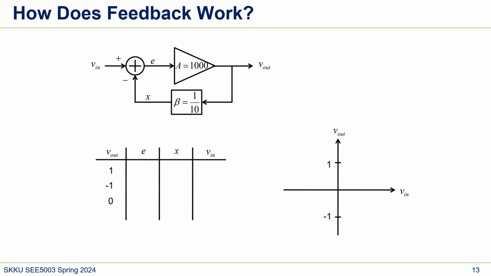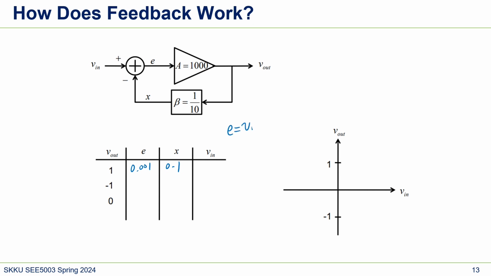And how does feedback work? Let's use some more concrete numbers. Assuming V out is 1, what's the error E? That's 0.001, right? And then X is 1/10, which is this, right? So it's like tracking back to guess what V in is.